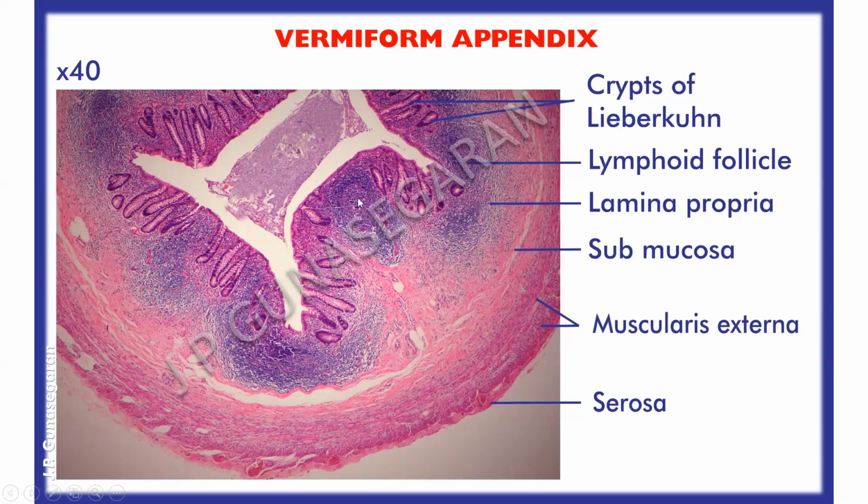Appendix is considered as abdominal tonsil because the lymphatic nodules in the lamina propria resemble the palatine tonsil. Presence of trapped fecalith may be one of the reasons for appendicitis.